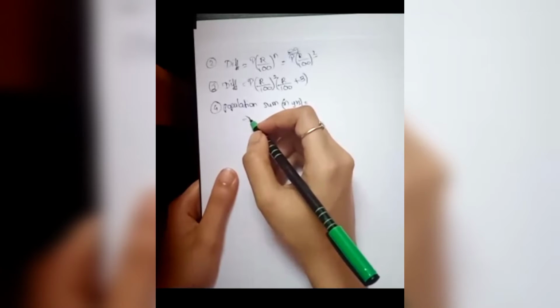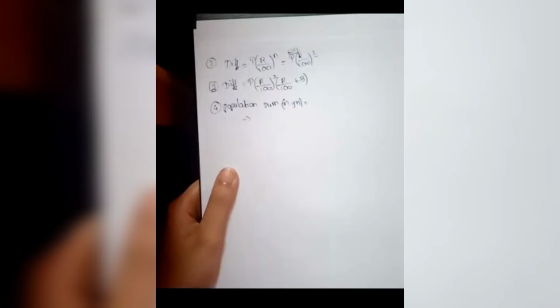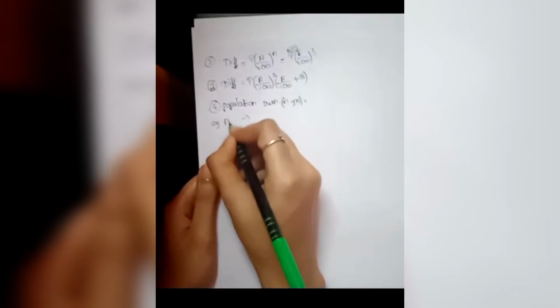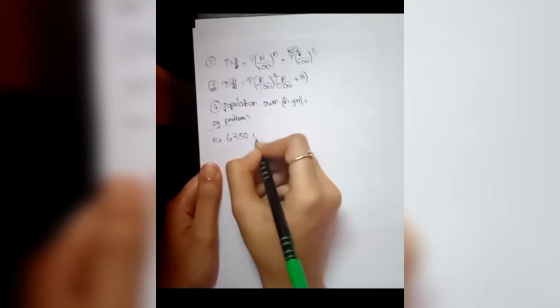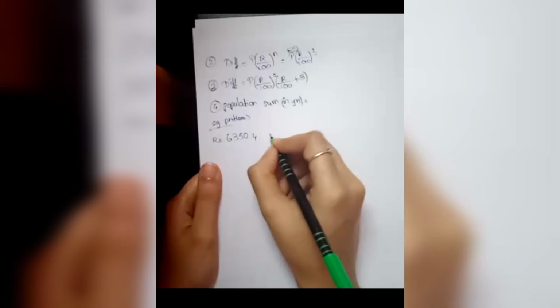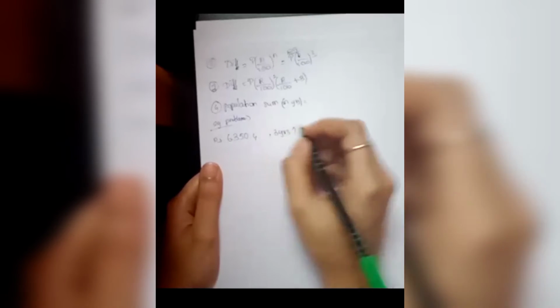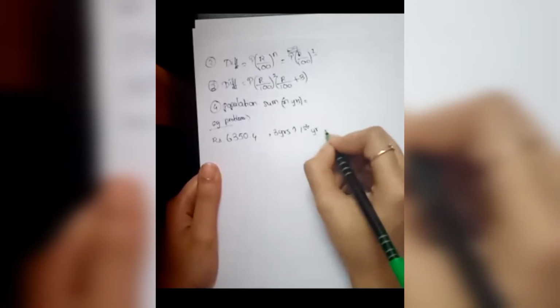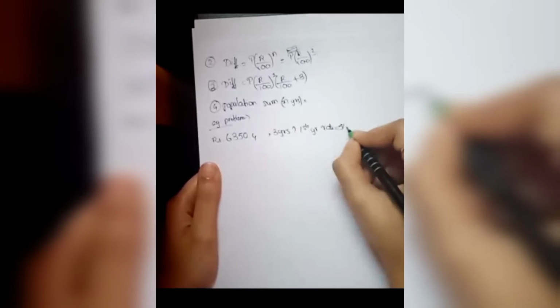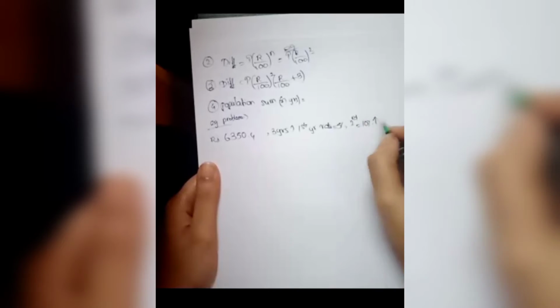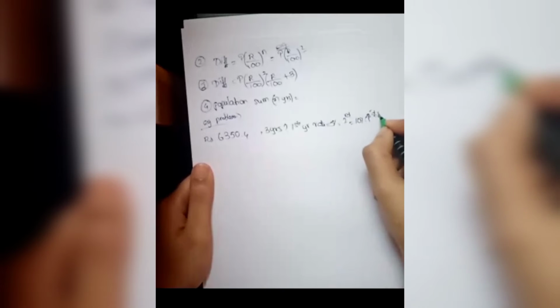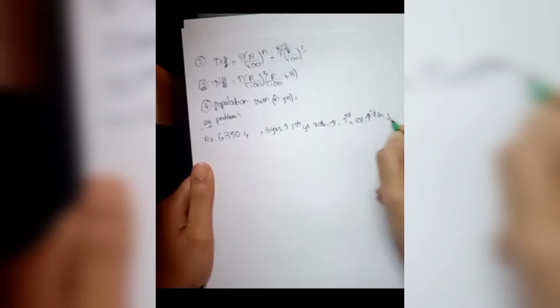How much money invested on CI, compound interest, will yield rupees 6350.5 at the end of 3 years? For the first year, the rate is 5%. Second year, the rate is 10% increased. Third year, the rate is 8% decreased.